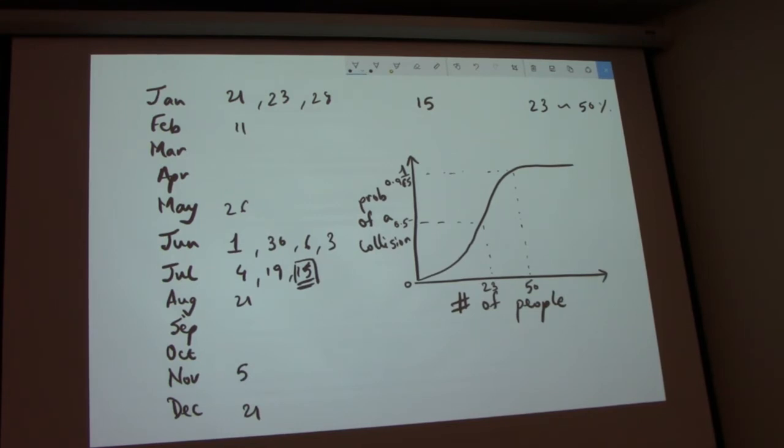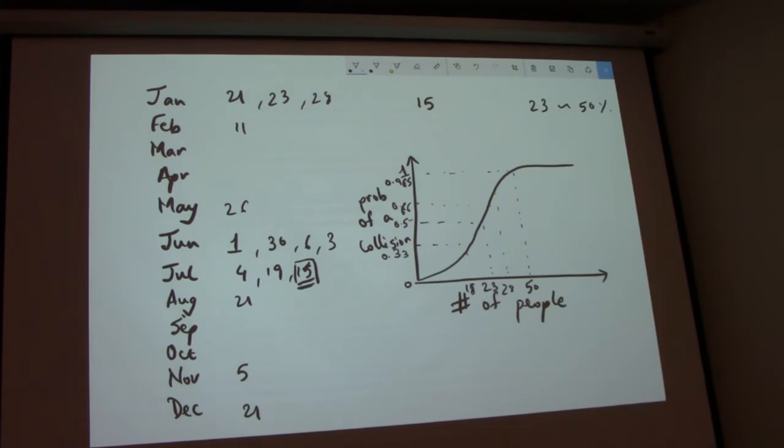So the range is actually somewhat like this. If I had 18 people, this would be about 0.33. And with 28 people, it would be about 0.66. So a third of the time, between 18 and 28 people, I will have a collision, two people sharing the same birthday.